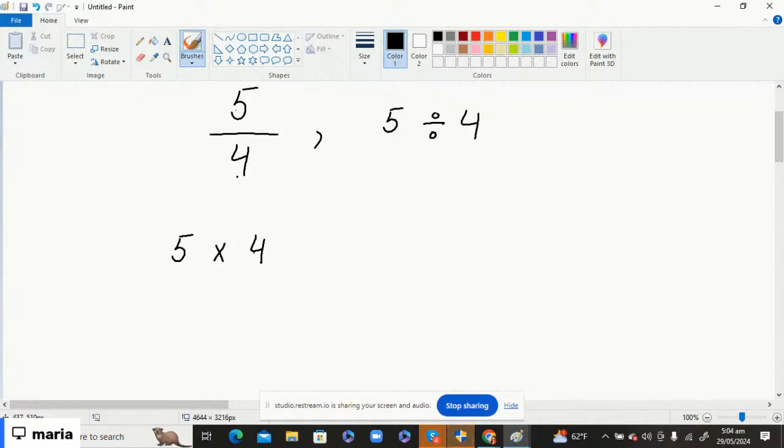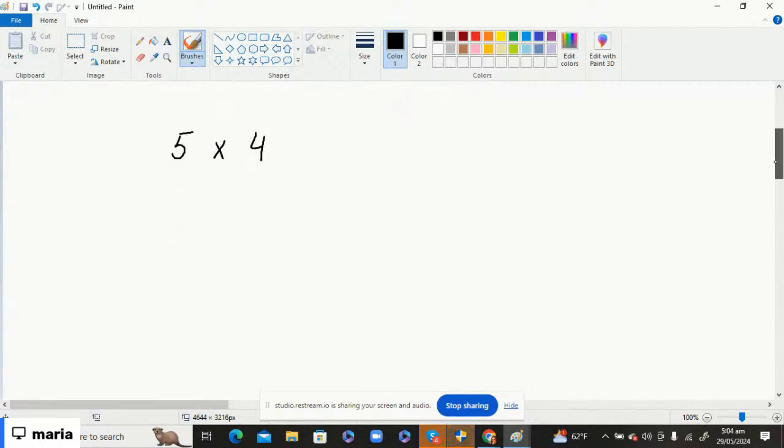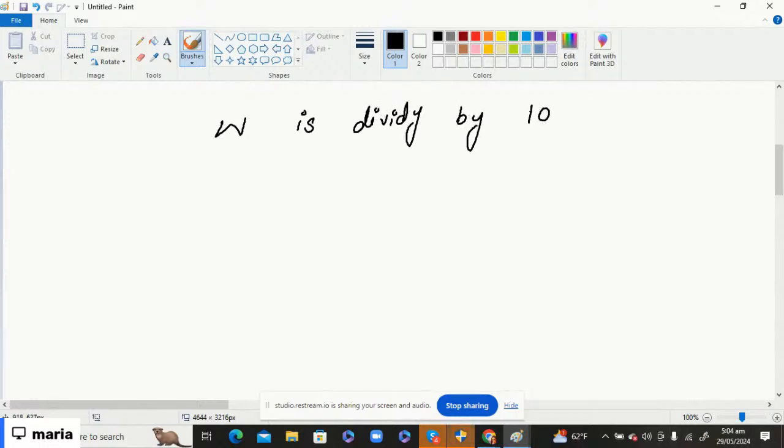If some variables are multiplied or divided, let's write it this way. Say I use a variable like W: W is divided by 10.